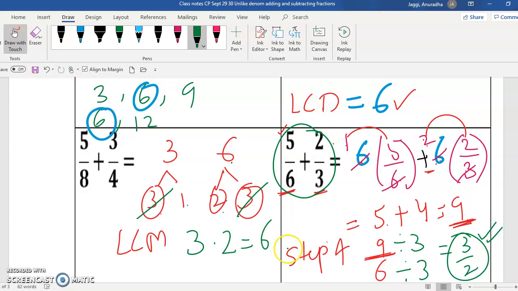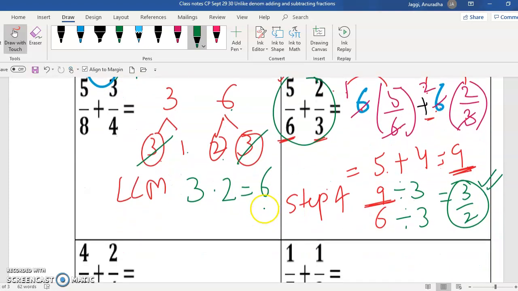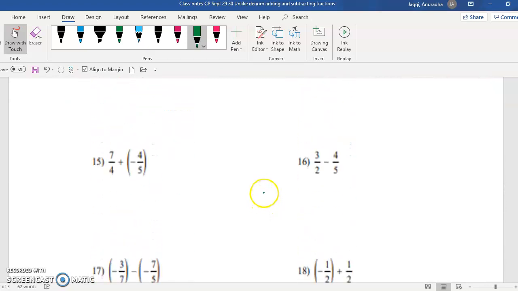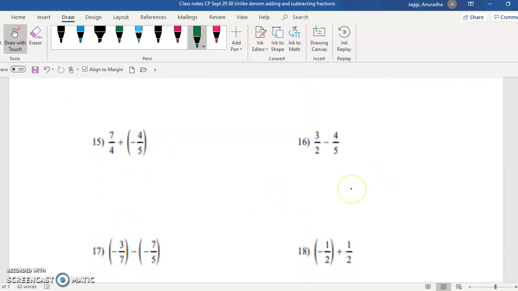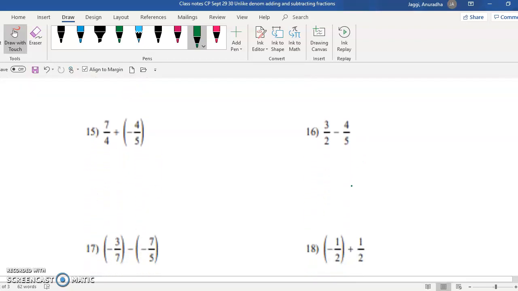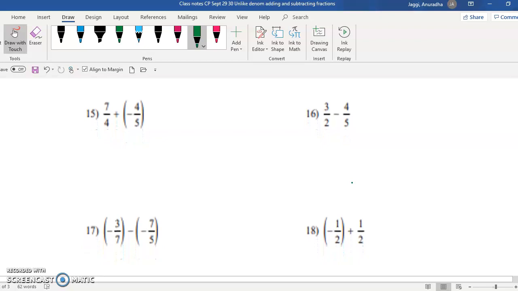So these are the steps. Let's take up one example of subtraction, and then you should be ready to do the assignment. Okay, so question number 16. First thing, look at the denominators, 2 and 5.